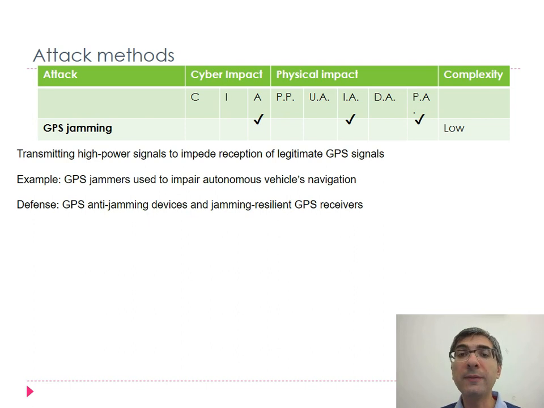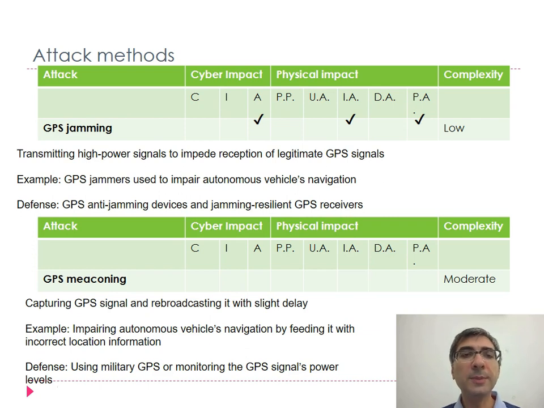So they come from very far away. They're weak signals. When they are received by a receiver, they are very weak signals. A signal that comes from something that is on Earth will be much stronger. So you can tell from this side that it doesn't come from a satellite. So this is one of the techniques that can be used. There are many other types of techniques, but this is one of the techniques that can be used to tell whether a signal is legitimate or not.